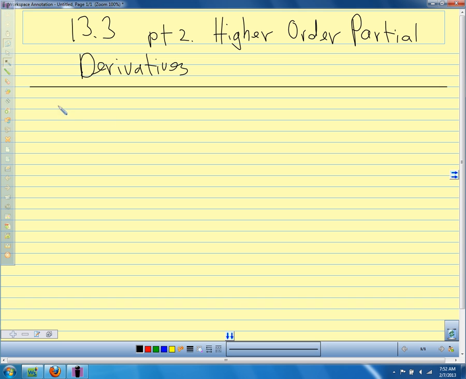So if we start with our function, z is some function of x and y, for our higher order partial derivatives, we have 4 possibilities. For our first one, I'm going to write our different notation. We're going to take the partial with respect to x, and then we're going to take the derivative of that with respect to x.